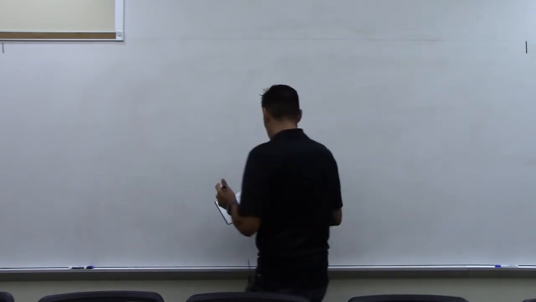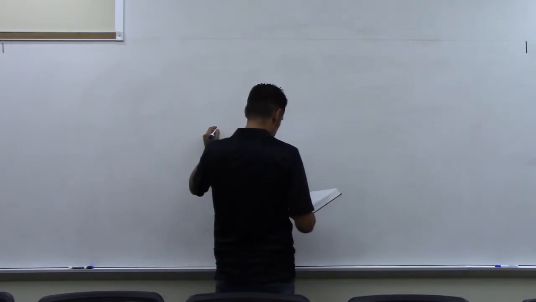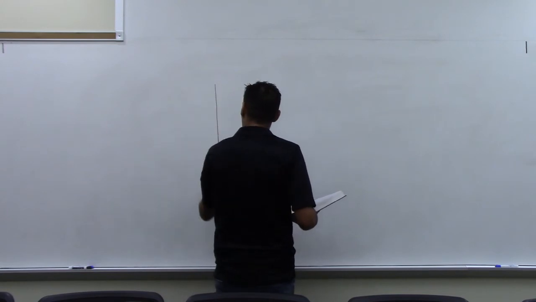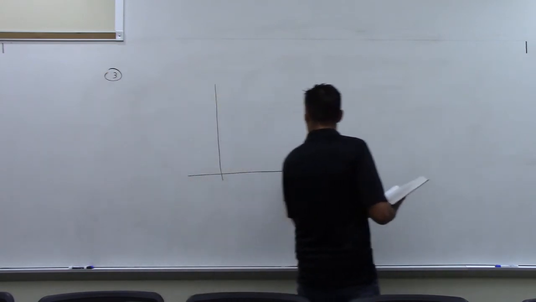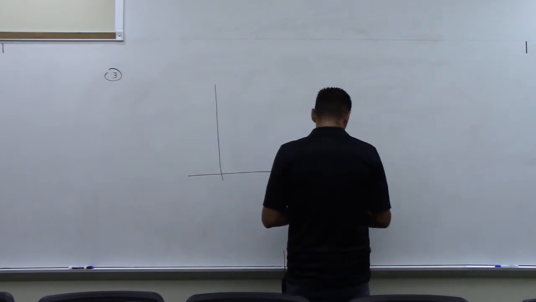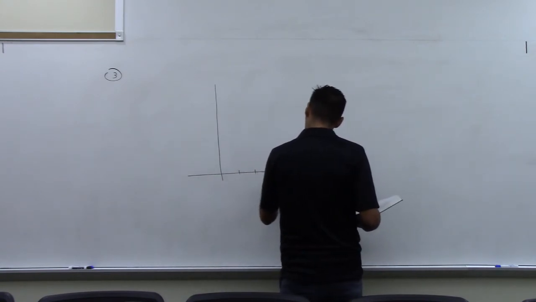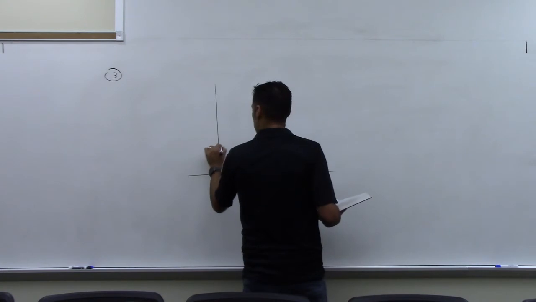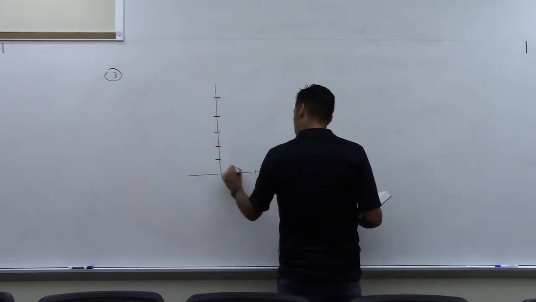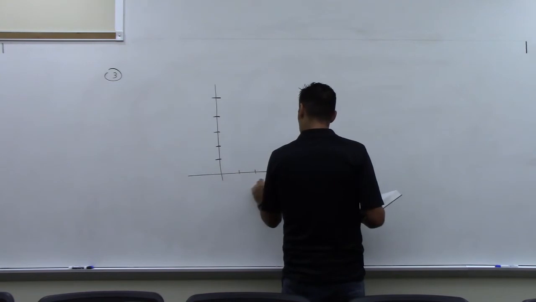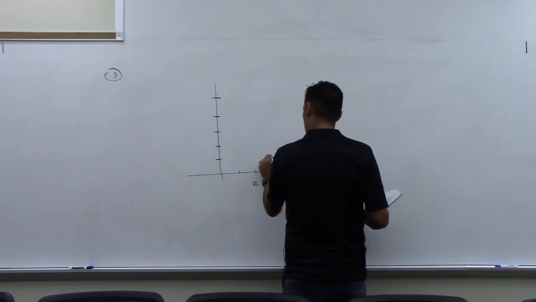All right, so let me draw this first. And this is going to be my best effort. Number 3. So we got 1, 2, 3, 4, 5. 1, 2, 3, 4, 5. So we have at 3. Here's 2. Here's 4. Got this circle.